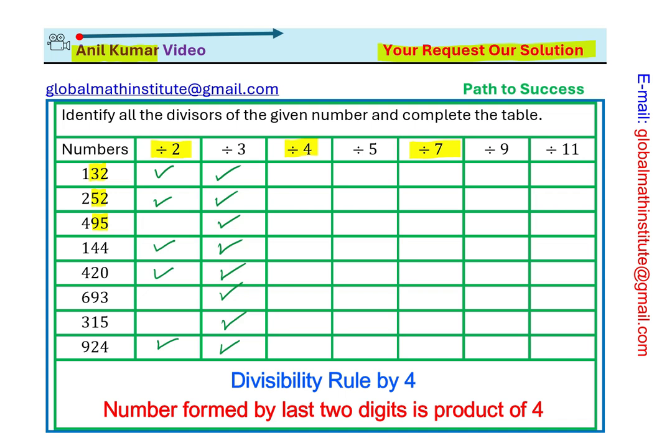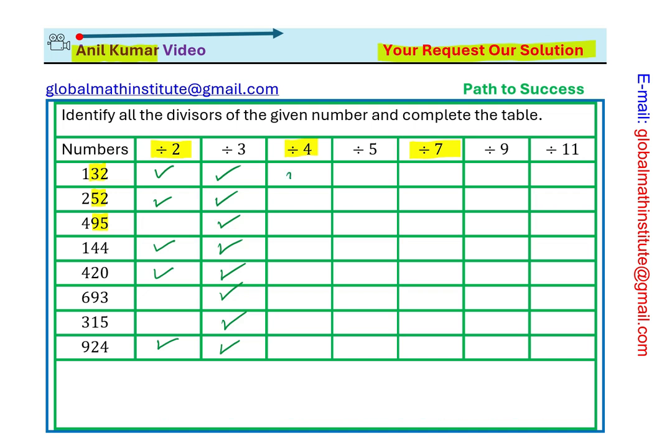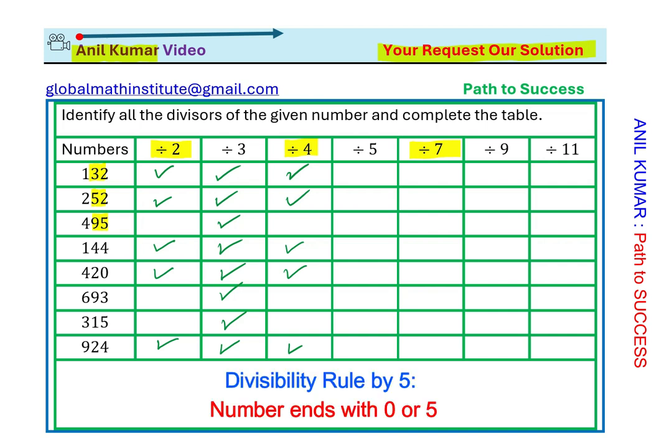So with 4: 32, 8 times 4 is 32; 52, 13 times 4; 95, of course, will not work for us; 44, 11 times 4; and 20 is 4 times 5; 24 is 4 times 6. In this case, all those which were divisible by 2 are also divisible by 4, but that is not the case each time. You understand? Okay, great.